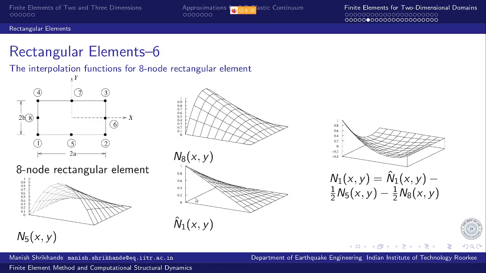That's a straight line variation. It takes unit value at node 1 and vanishes at all other corner nodes. And this linear variation obviously means that at the midpoint on this edge, the value of this variation is going to be half.